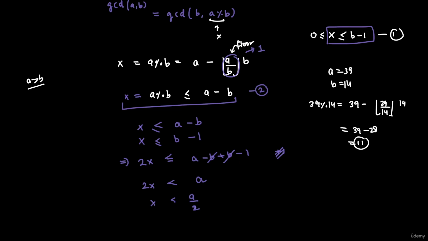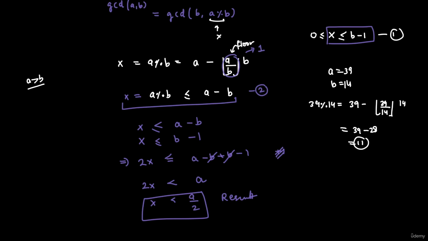So this is an important result, and we are going to use it to prove that this algorithm works in logarithmic complexity. Now let's write again what we have learned.